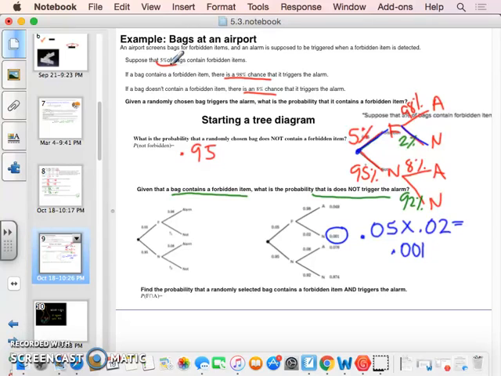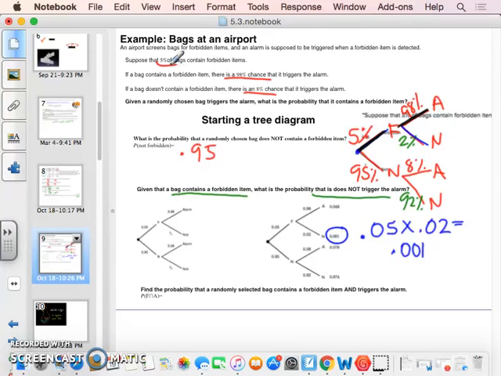So now we want to find the intersection, the probability that a randomly selected bag contains a forbidden item and triggers the alarm. So this time we're looking for contains a forbidden item and triggers the alarm. So here we're going to do here and here. That's the path we're following.